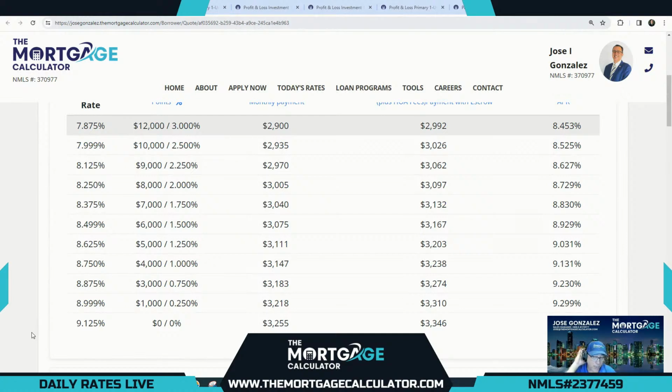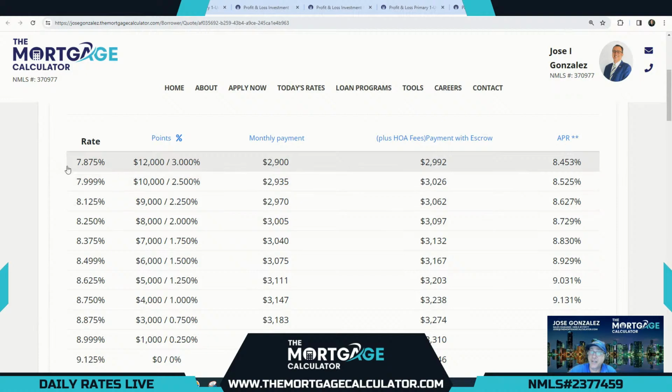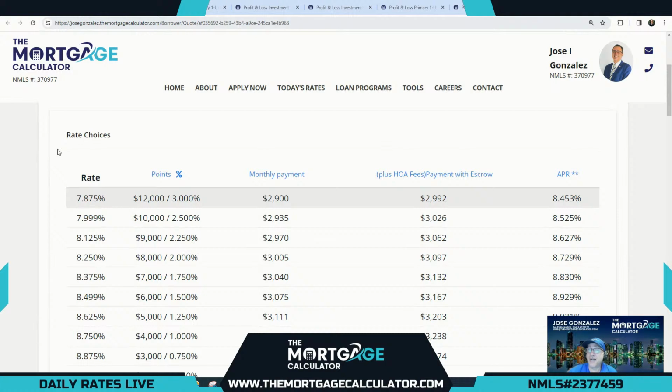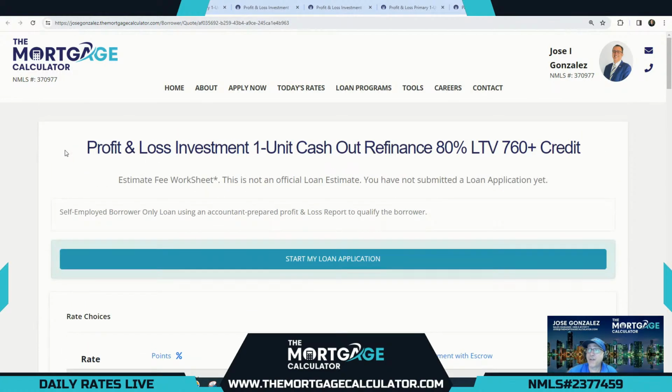Just realize what we're talking about here, and we're still probably beating conventional or close to it on an 80% cash out in their full doc. We have 9.125% here at par, and you can buy that down all the way to 7.875%. Wow. On our profit and loss 1 unit cash out refi to an 80% LTV.